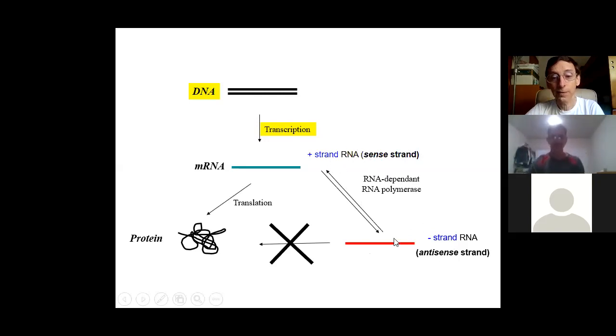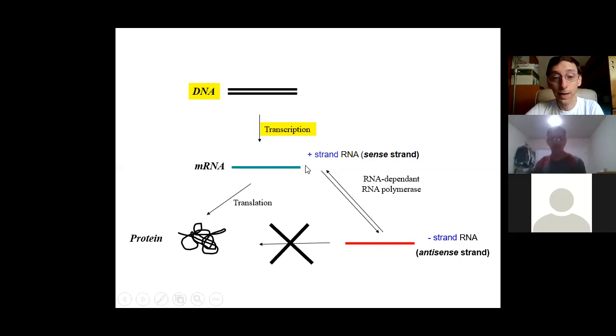The negative strand is not read to make protein. Okay? If we have a negative strand RNA viral genome, it will make the positive strand RNA complementary to the negative strand, and it can use that positive strand RNA as messenger RNA for the virus and translate it into the viral protein. Any questions about that?